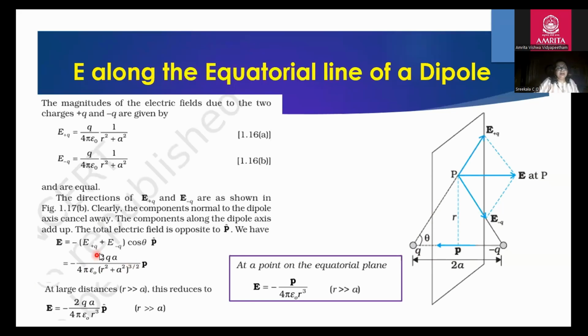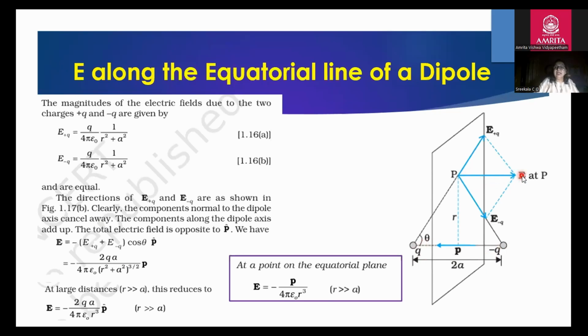Then the numerator will be 2AQ. So this is the unit vector P. The direction will be the direction of P, from minus Q to plus Q, but it will be minus, because this direction of E is opposite to P. P is from minus Q to plus Q, and E is along the right side of the screen.